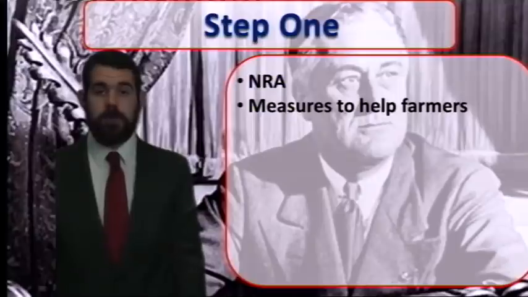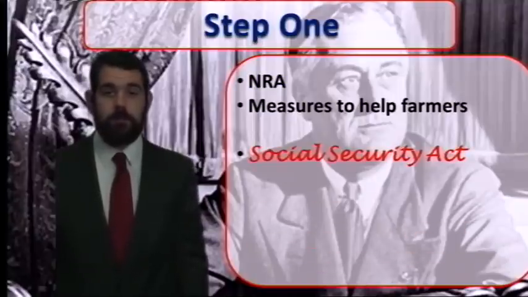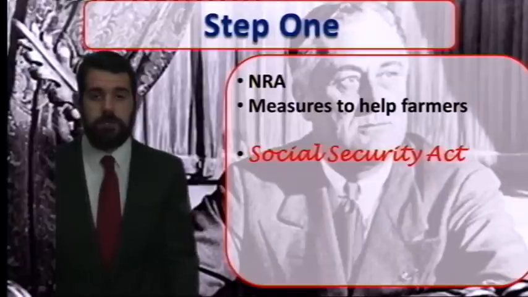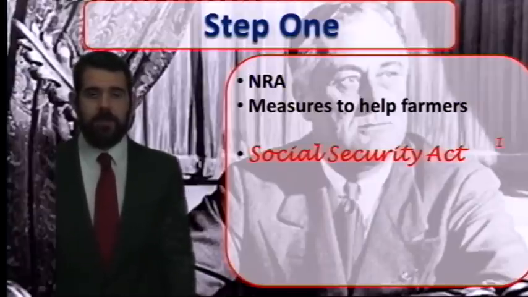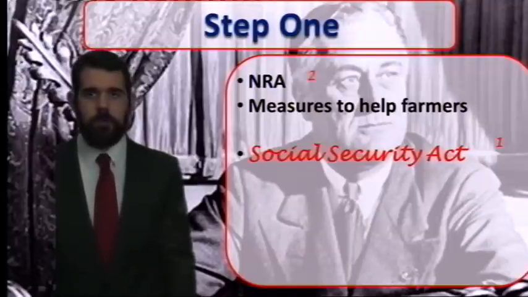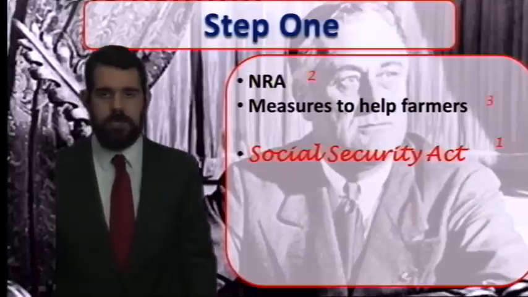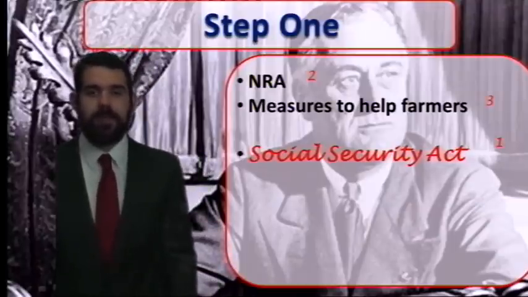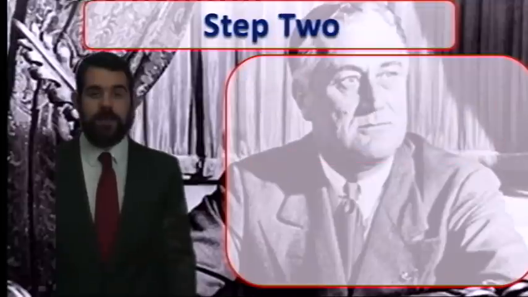First thing I'm going to do in my exam paper is write down the Social Security Act. I think that's a really important feature of the New Deal, and I'm in fact going to call that my most important feature. I'll go NRA in second place, and I'll say that measures to help farmers are not as important as the other 2. And let's have a look at what that does in an answer.